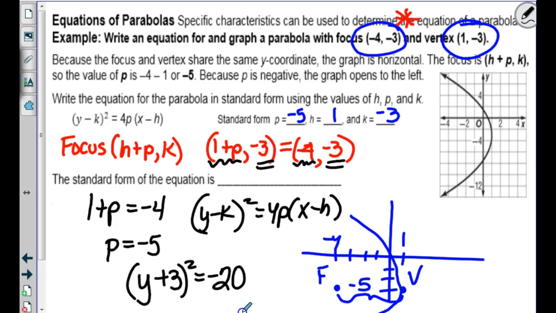And then x minus h would be x minus 1, yes? Okay.